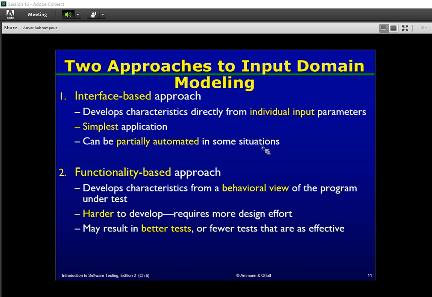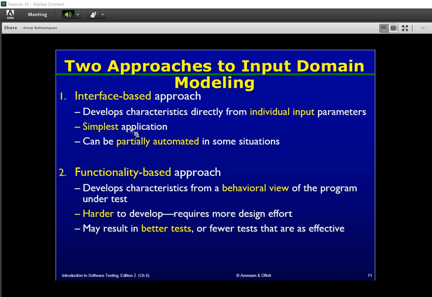There is no need to analyze the semantics of the input to consider the relationship of input parameters or the effect of each parameter on other parameters.